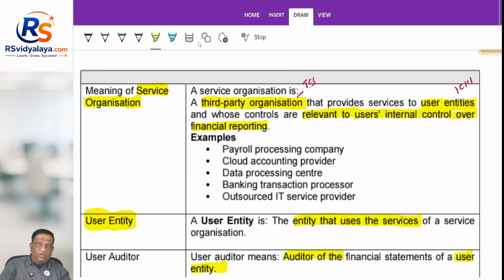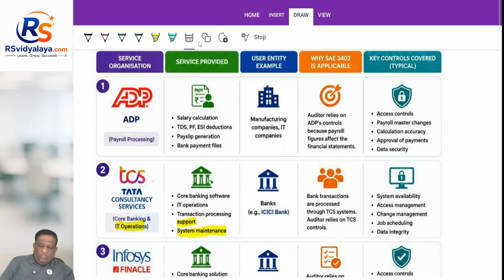Now, let us look at this chart. In this chart, we are displaying the major organizations which handle outsourcing activities. ADP is known for providing payroll processing, and it provides payroll for many other companies. All the bigger companies, whether manufacturing or IT, prefer to outsource their payroll function to ADP.